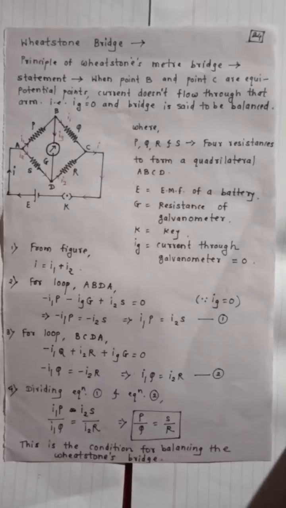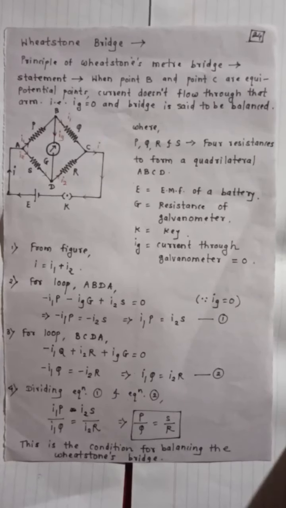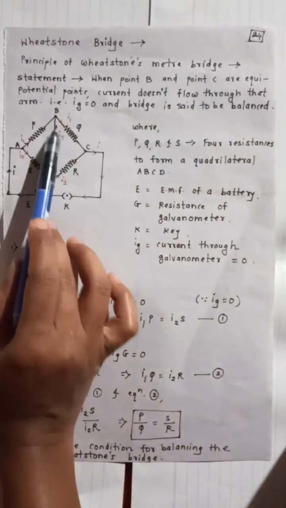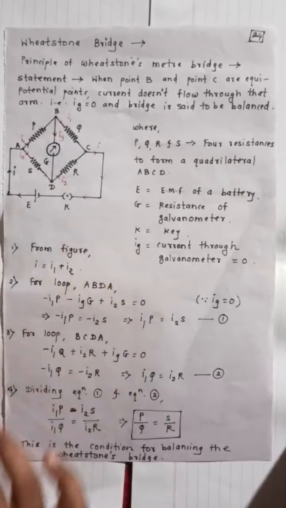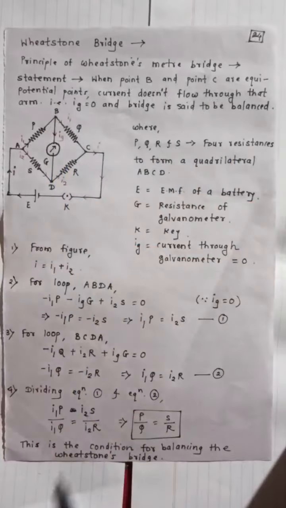It is a simple device, or circuit, designed by Charles Wheatstone, and it is based on the principle that when point B and point D are equipotential points.